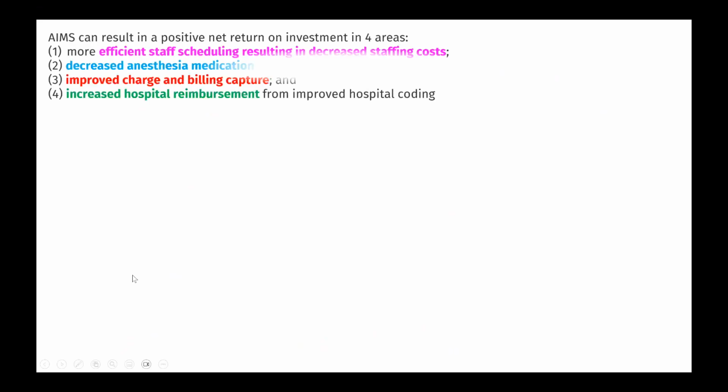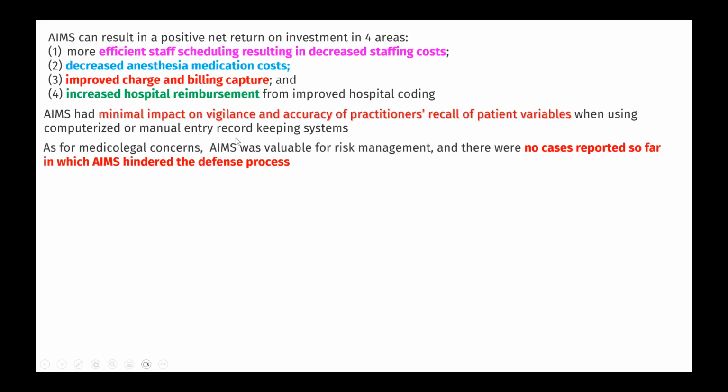And this can give positive returns in four areas by using AIMS: efficient shift scheduling, resulting in decreased staffing costs, decreased anesthesia medication costs, improved charge and billing capture, and increased hospital reimbursement. And the minimal impact on vigilance and accuracy of practitioners' recall of patient variables.